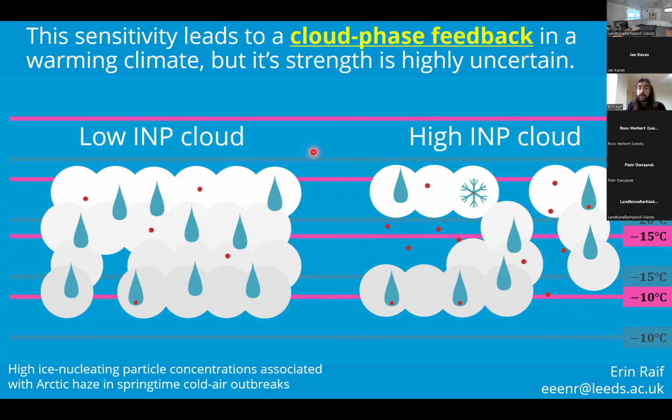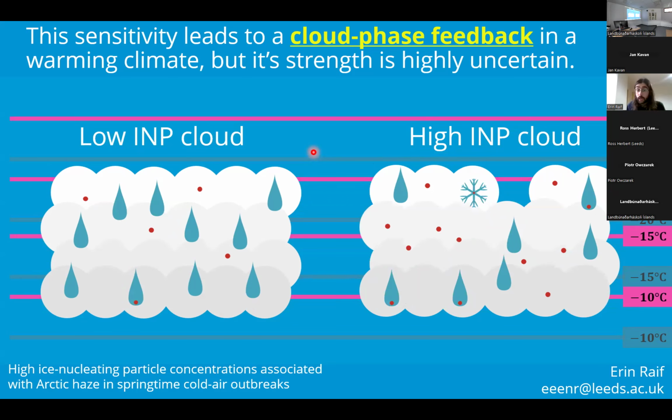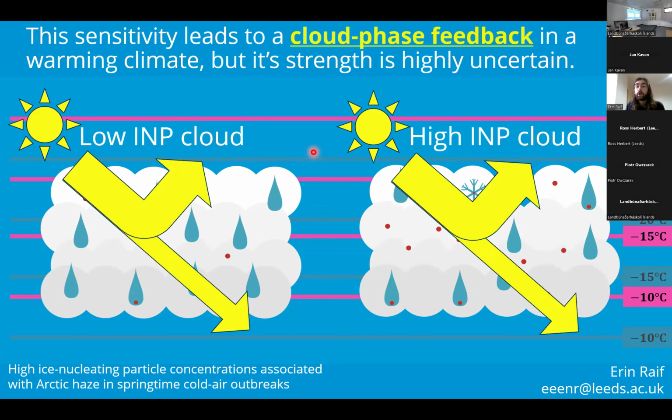And that's going to make our clouds generally brighter. But you can see there's been a much larger change in the high INP case than in the low INP case. So if we consider how these clouds are going to change in a warming climate, there's going to be a real feedback effect as the climate warms.